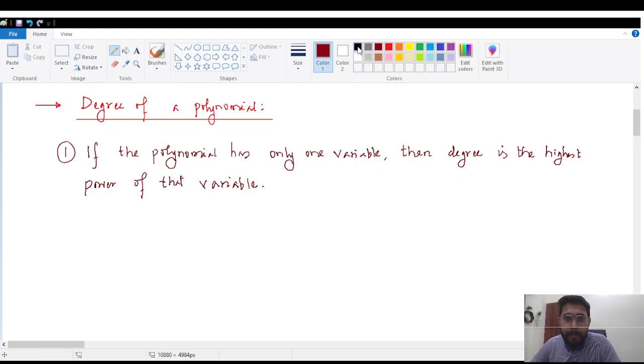Let us take an example to understand this. Suppose I have x to the power 5 minus x to the power 7 plus x to the power 2 minus 3x plus 4x cube minus 9. Suppose this is a polynomial. What is the degree of the polynomial? First of all, this is a polynomial of a single variable.